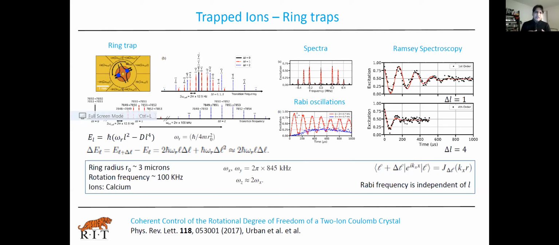You excite to a very large quantum number, which in this case happens to be 7850 h bar, and then you demonstrate coherent transitions around that energy level. So there's quantum coherence here, but it's far from ground state. I don't know what that means. I'm still trying to figure it out.